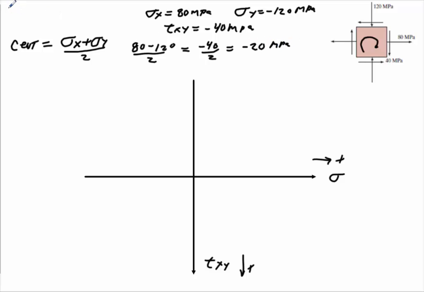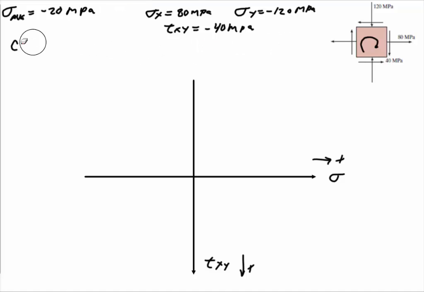Okay, so our average is equal to minus 20 megapascals. Now we'll just delete this. So now what you want to do, you want to start here, and this is your 0, 0 point.